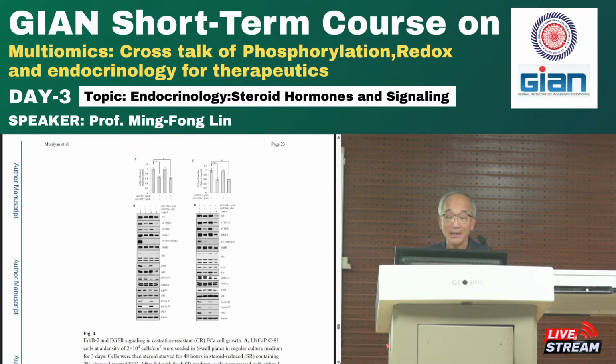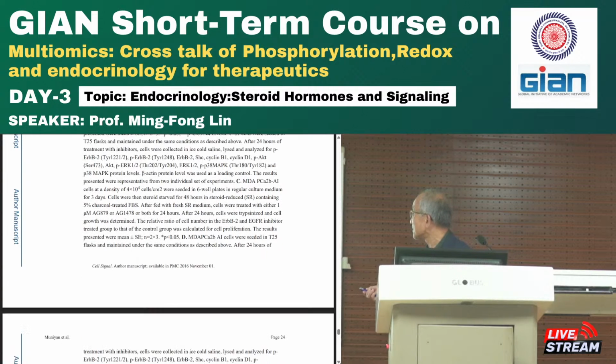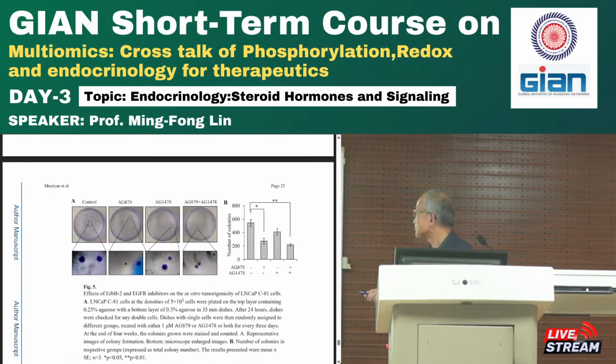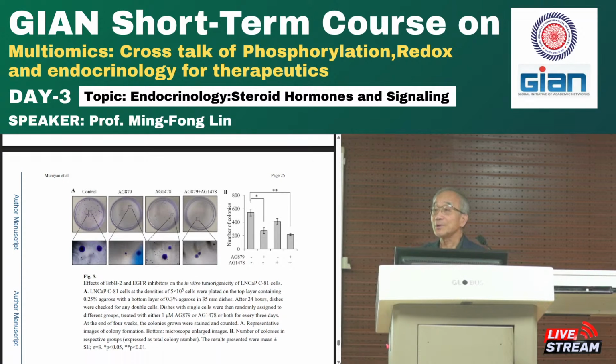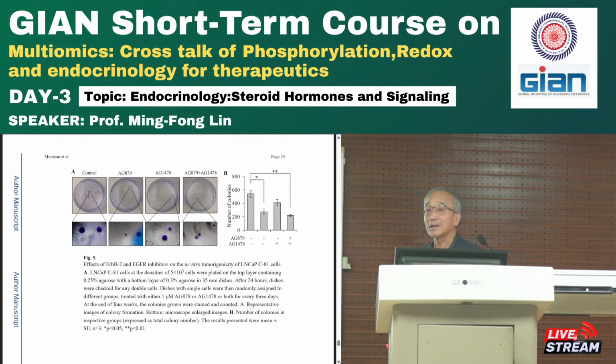So this other side is not only about cell growth. Cell growth is one kind of biological effect, but this is agar, in soft agar. What is soft agar? It is a cheap experiment to assess tumorigenicity, the soft agar assay. Normal cells cannot grow in the soft agar, which is 0.3% agar.